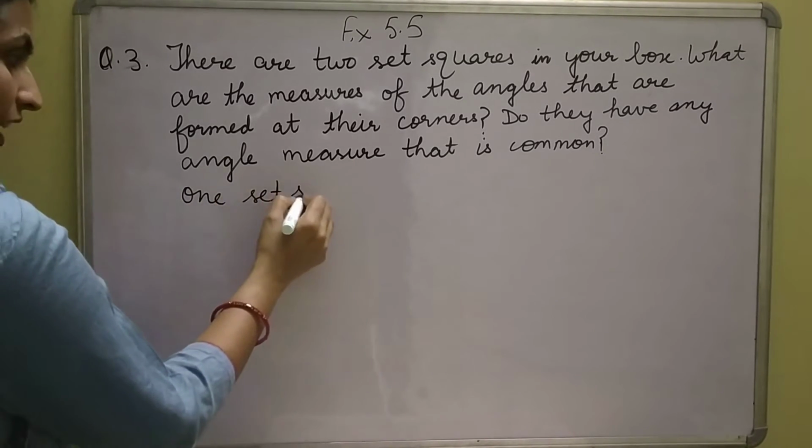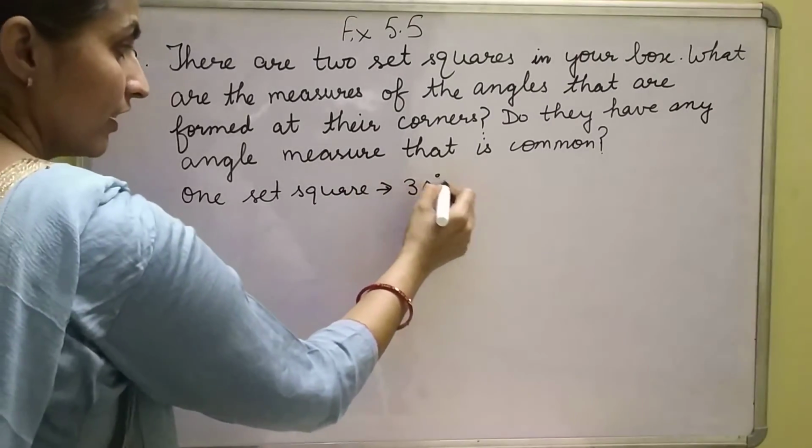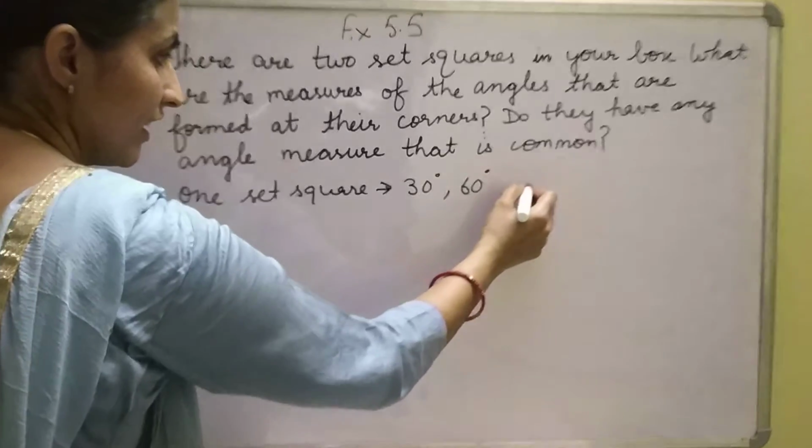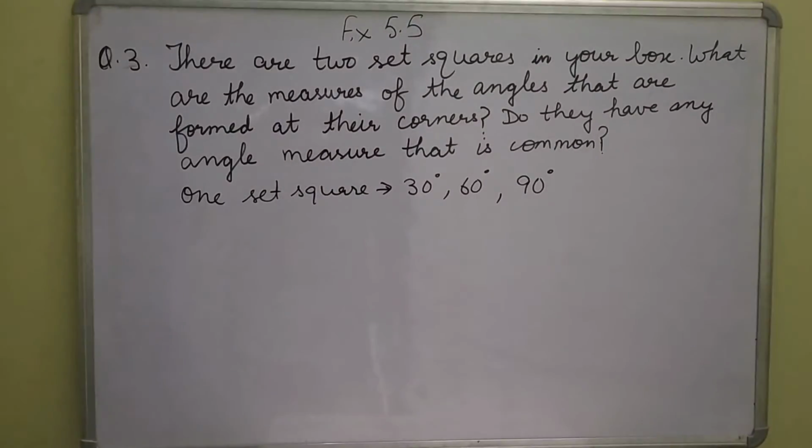One set square out of these 2 has angles of 30 degrees, 60 degrees and 90 degrees.